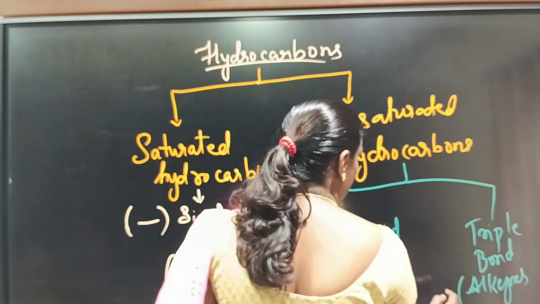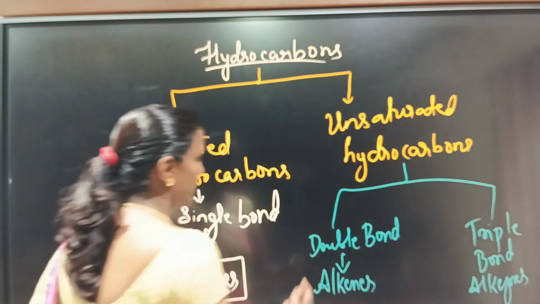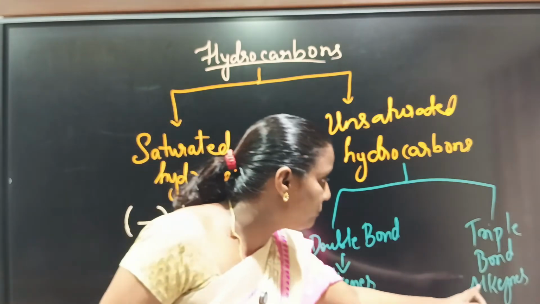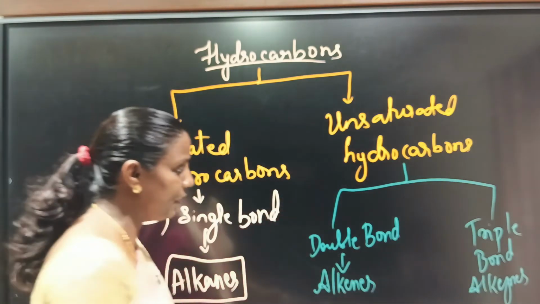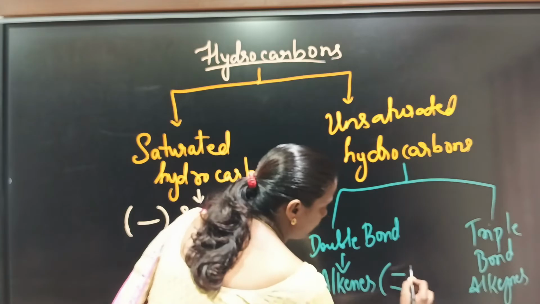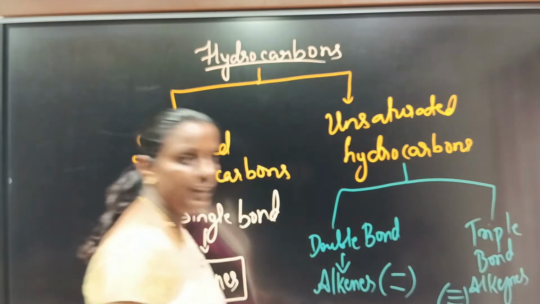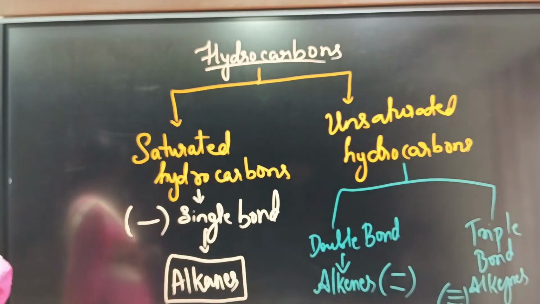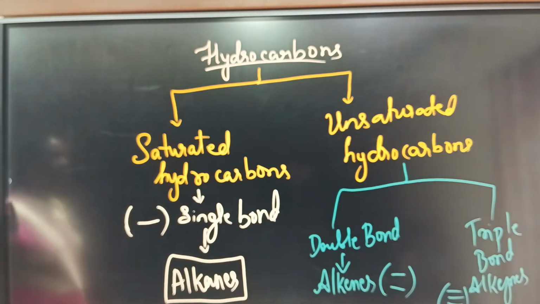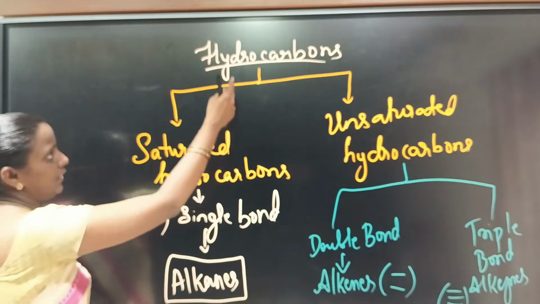Okay. Understood? So, double bond comes under alkenes, and triple bond will be coming under alkynes. So, double bond we are going to show in this way, and triple bond with these three parallel lines. Okay. Understood? Fine. So, just revise it.